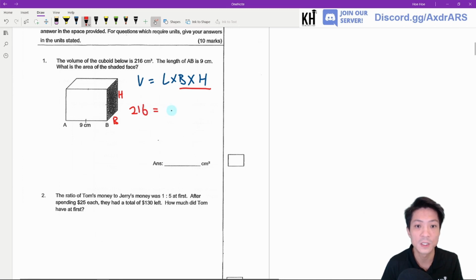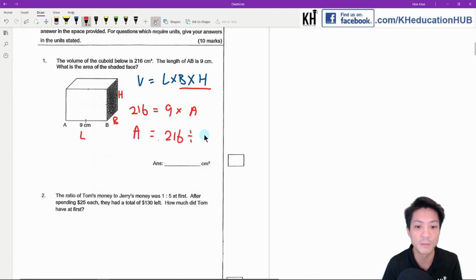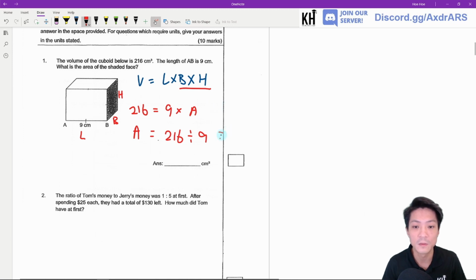They want us to find the area of the shaded face, which is L times B. We have an L, which is 9, multiplied by the area. So to find the area, you just need to use 216 divided by 9, which will give you 24.